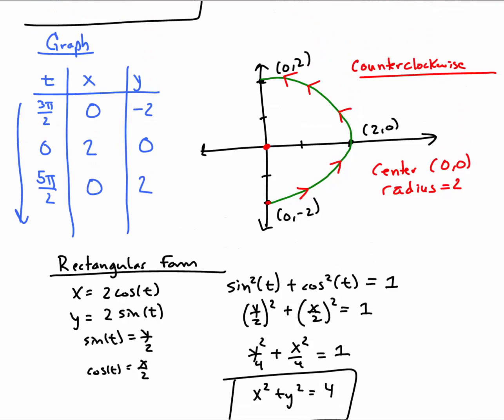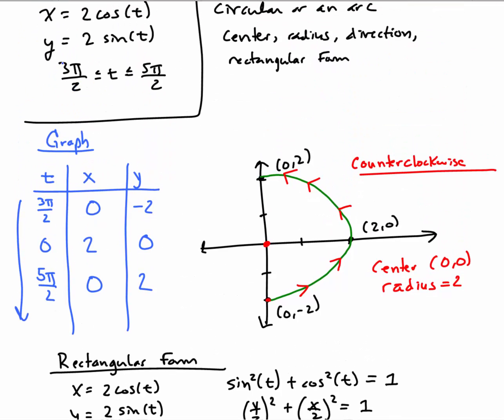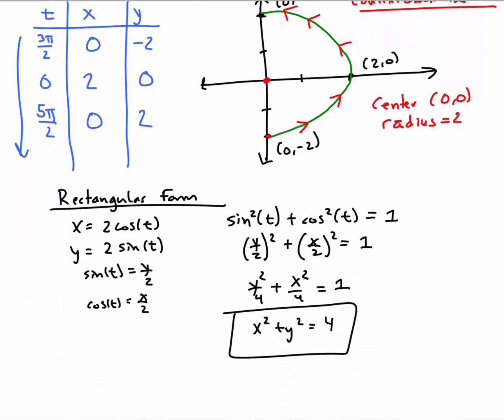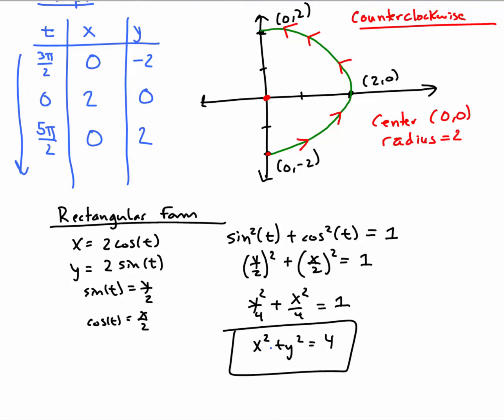Now when I look at this, my restriction on t was 3 pi over 2 to 5 pi over 2. When I come over here, I don't really have a restriction, and it looks like if I graph this, this would create a full circle. So I do need to have some sort of a restriction. If you look at your values of x, it looks like x went from 0 to 2 here.